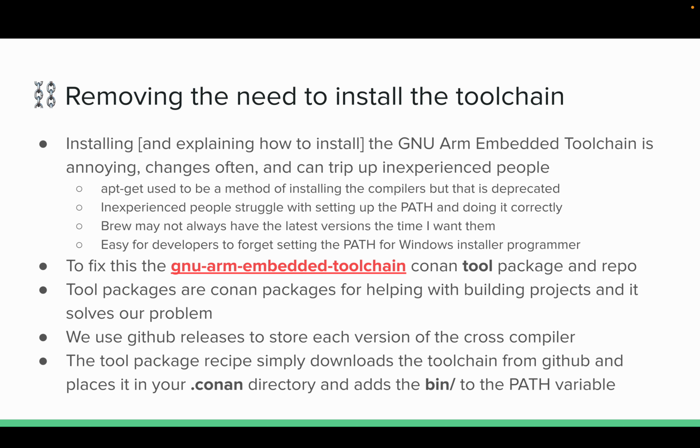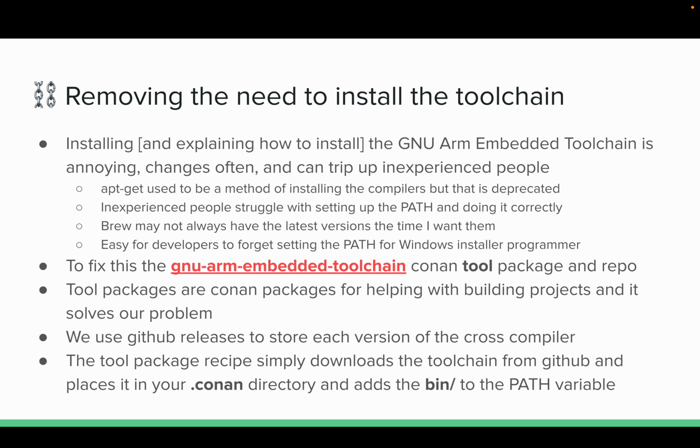For Ubuntu, if you look at their version, it goes up to 10, and someone else is putting up 12 for the bleeding edge version of Ubuntu that's not even out yet. So if you want that version, you have to download it yourself and put it in your own path. But the second item literally talks about how inexperienced people are going to struggle with setting up their path and doing it correctly.